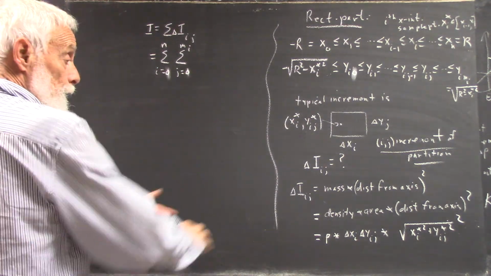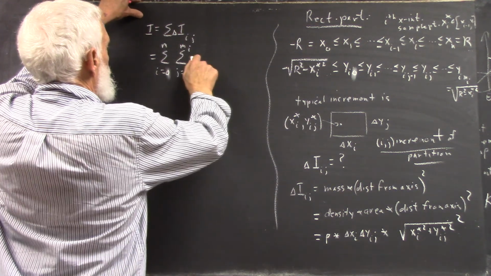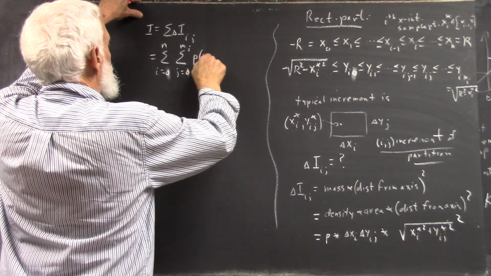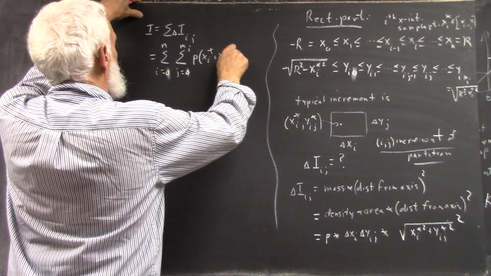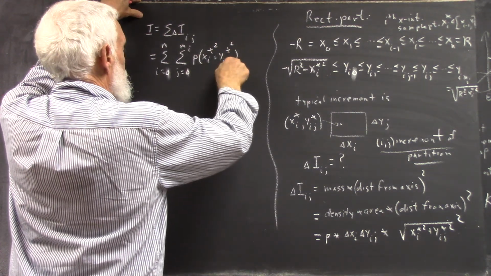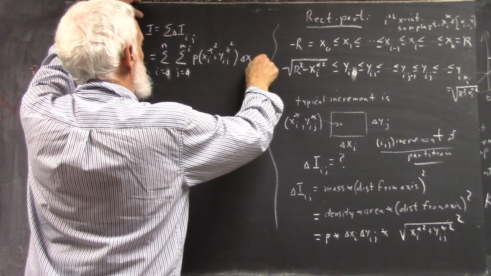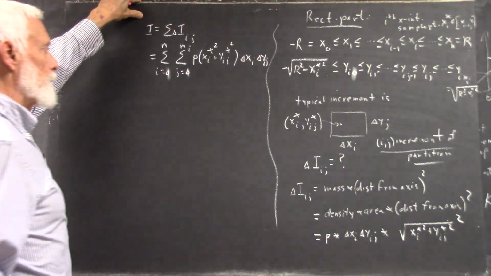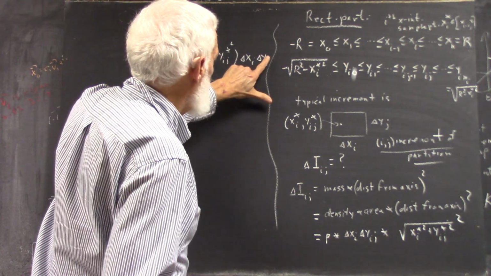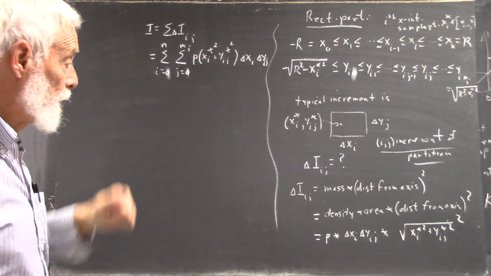Everybody else. And then it's just this expression. Now we're going to write this as rho times xi star plus yij star both squared, and that's a delta xi, delta yij. I don't want to smudge that out and rewrite it, but you should understand.